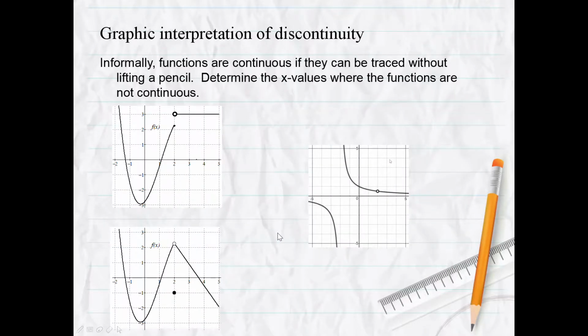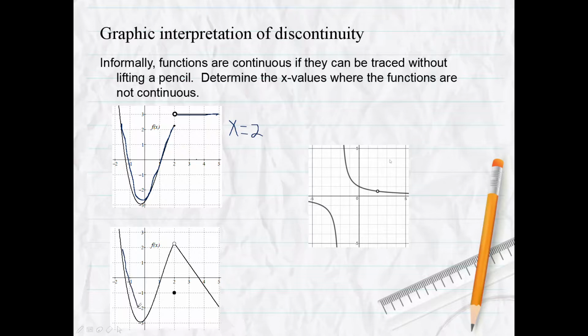An informal definition of continuity simply means we can trace the curve without picking up our pencil. So looking at these three graphs, let's first decide where they're discontinuous. This one, if I trace the curve right here, I have to pick up my pencil. So this one is discontinuous at x equals 2. Let's look at this one.